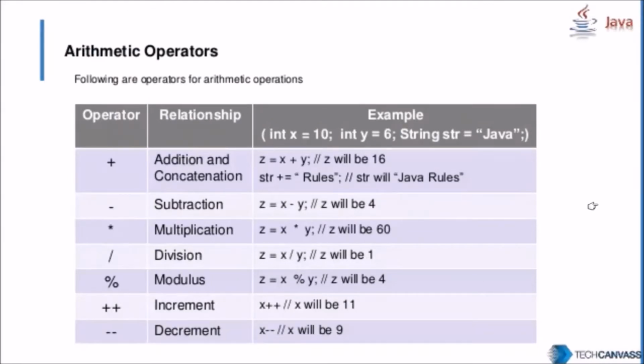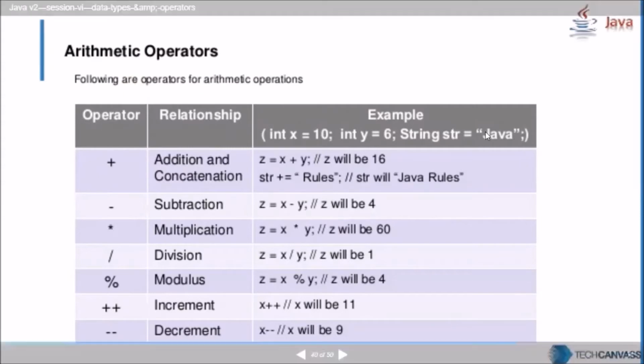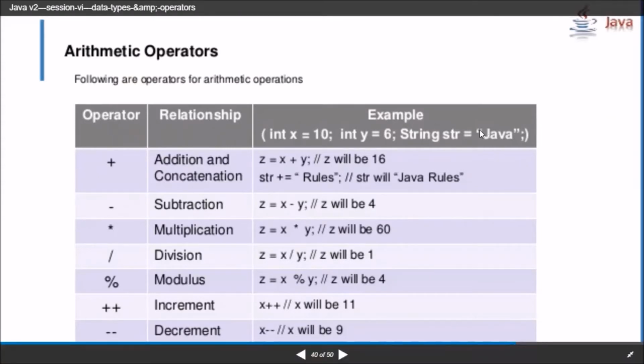Now, the simple assignment operator is using equal to. Whenever you want to assign some value, you use equal to. You say int x equal to 10 and you assign that value. You can say x is equal to y. That is also a simple assignment. If you can see this example, which says string str is equal to Java, that means we are assigning the text Java to the variable str.